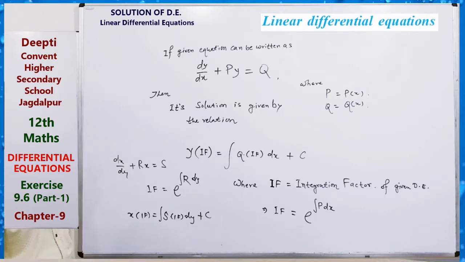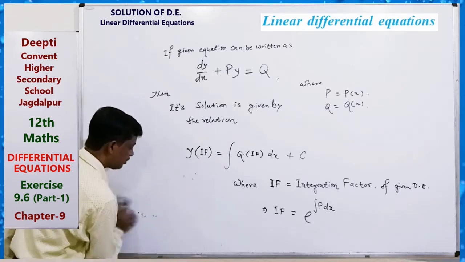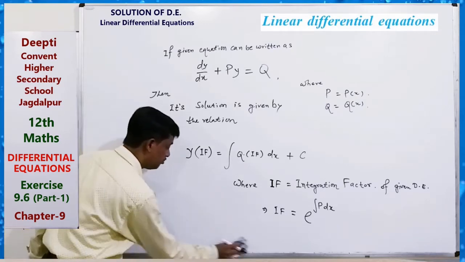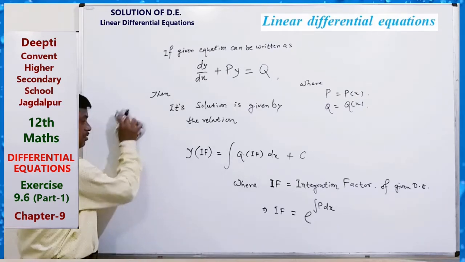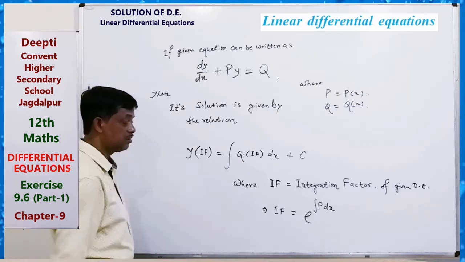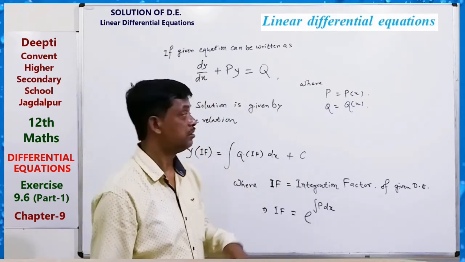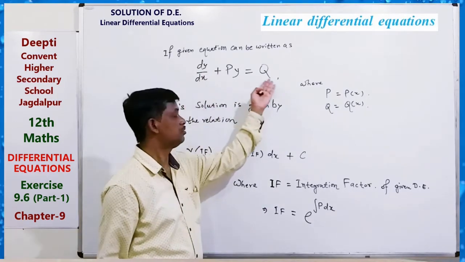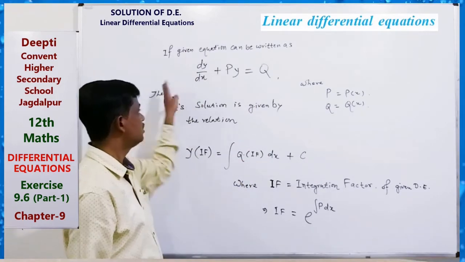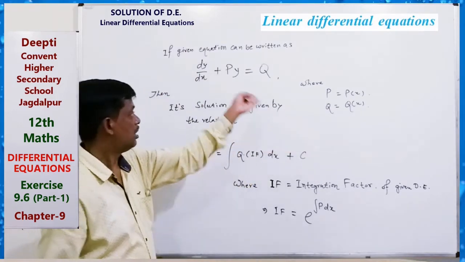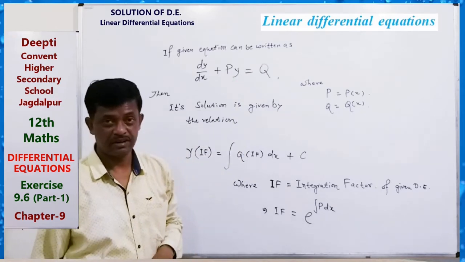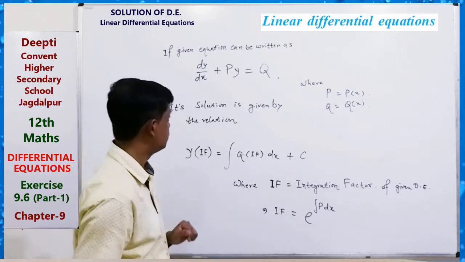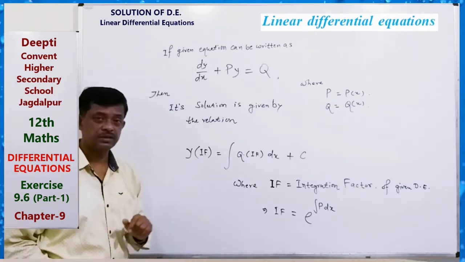Whenever we cannot find the solution by variable separable form or by testing for a homogeneous equation, then we can try to find the solution by this method. We have to try to write the equation in this format, or in the dx by dy plus Rx equals S format. This is a very important part of linear differential equations, so note it down.